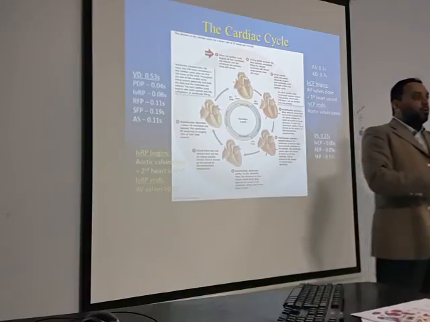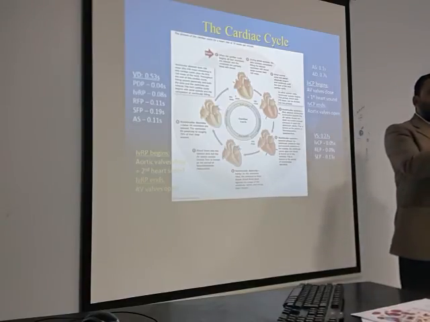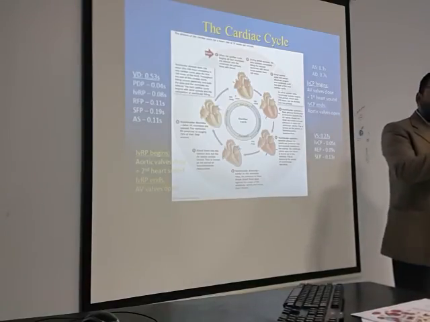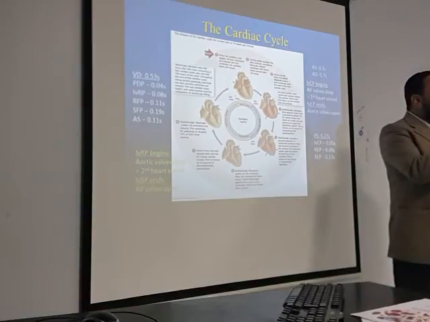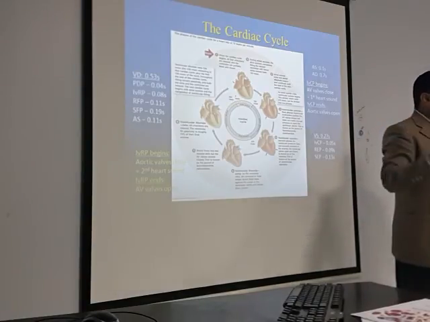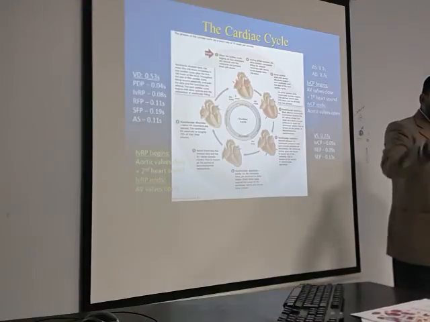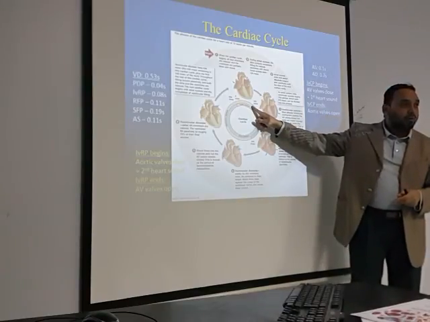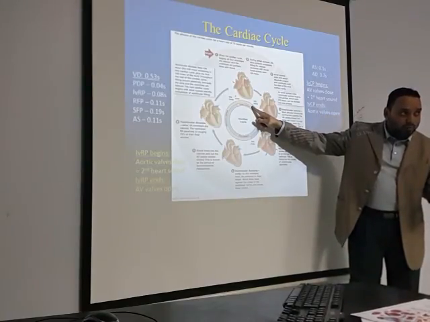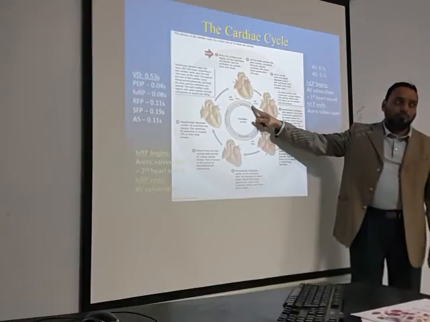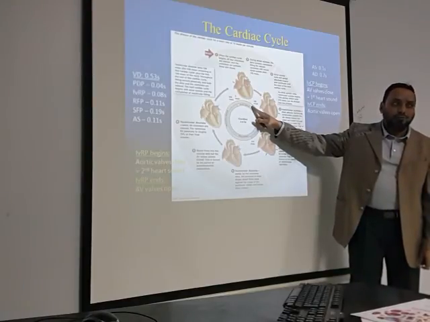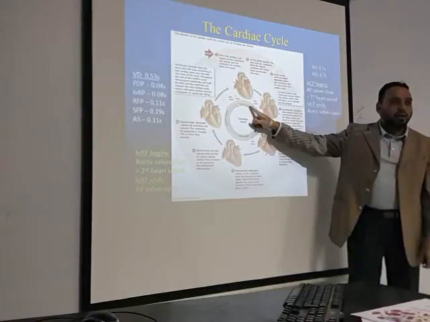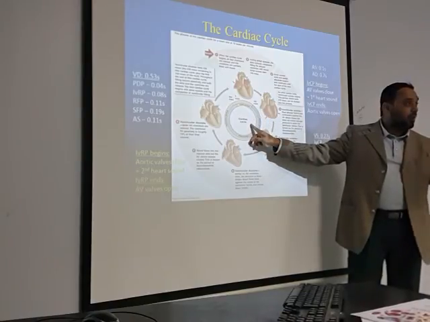And once it comes to the ventricles, because of the syncytial nature of the cardiac myocytes, it will spread immediately over all the ventricular myocytes simultaneously. So there is the beginning of ventricular systole and atrial diastole. Two events are beginning.